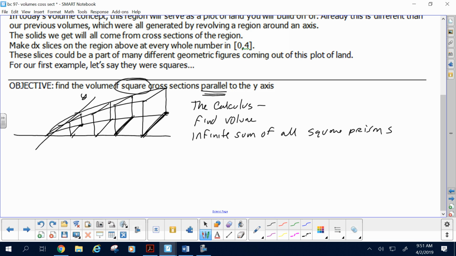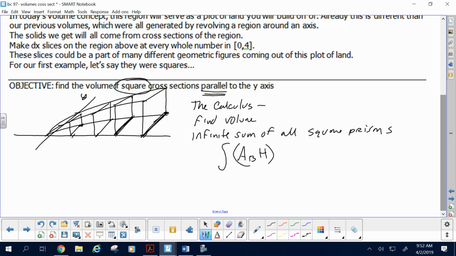So I need to basically find an infinite sum of the area of the base times heights. Now notice there's no pi r squared because it's not a revolution. I'm not revolving this, making a bunch of circular discs. There's no pi here. Okay? It's not a revolution, it's all squares. If you have pi in your work, then you don't know what you're doing. There's no problem. Okay? The area of the base.